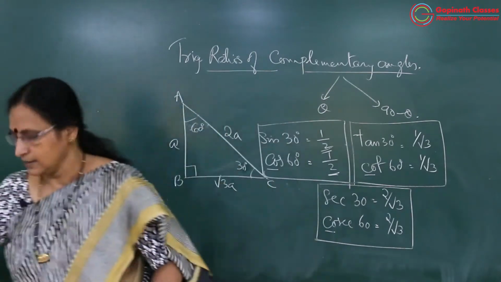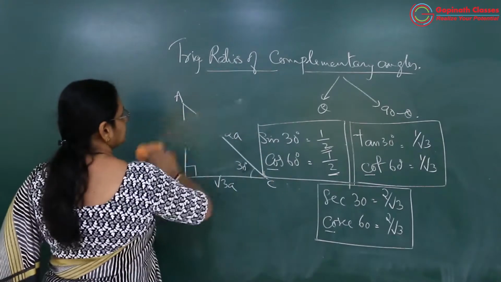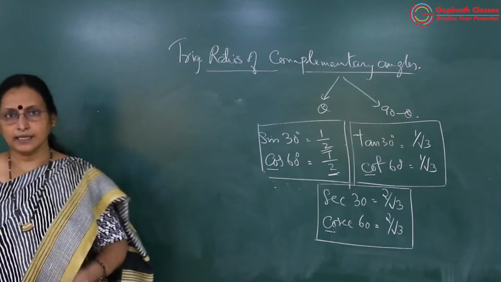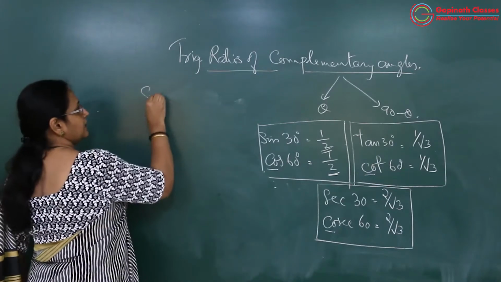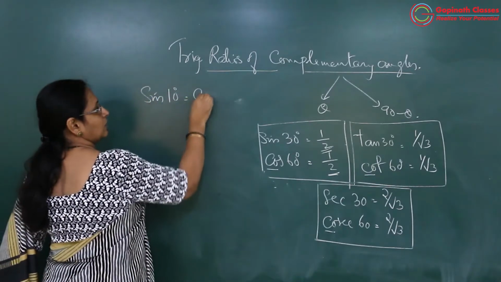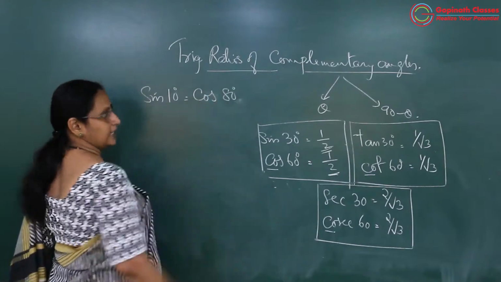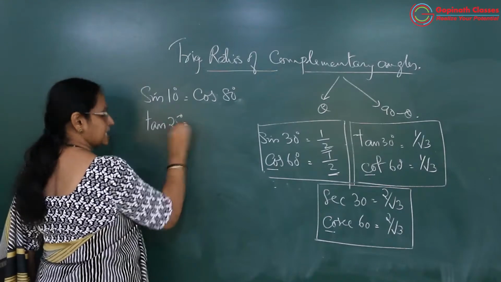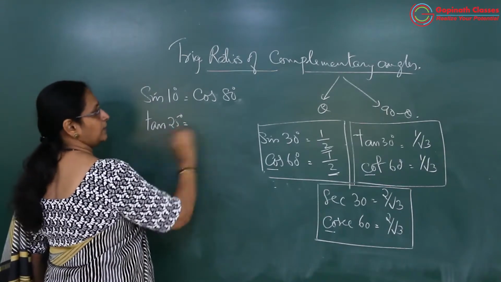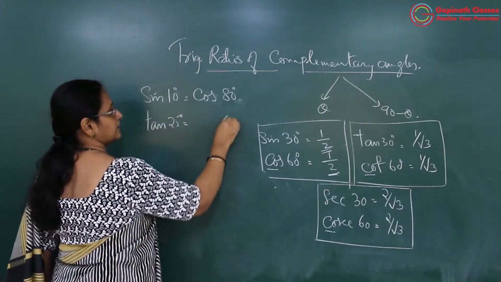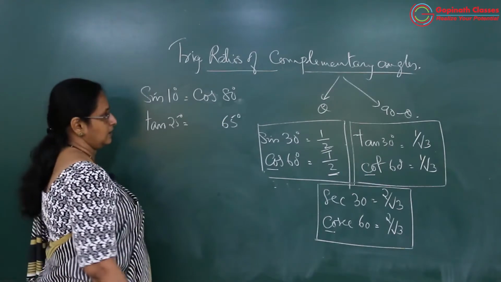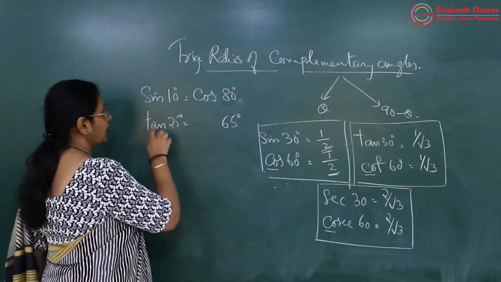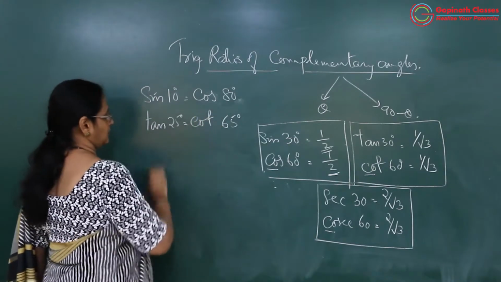Very clear. So, if I give you some values, you can clearly fill them in. Suppose sine of 10 degrees will be the same as cosine of 80 degrees. Tan of 25 degrees is the same as cot of its complementary, 65 degrees.